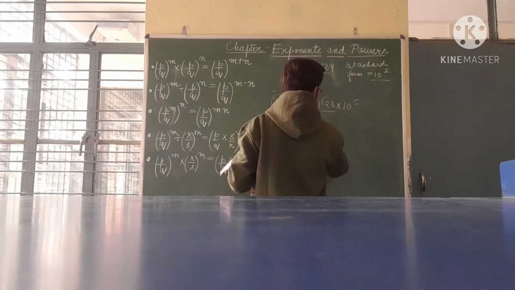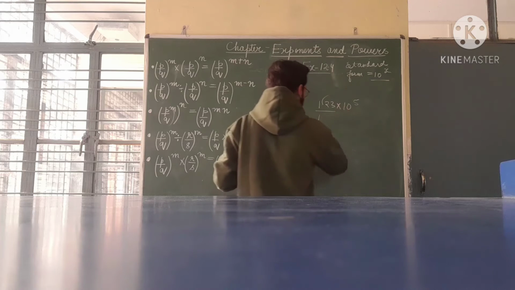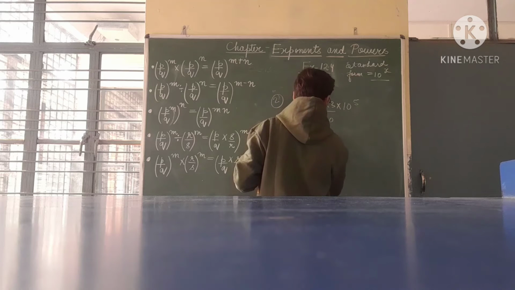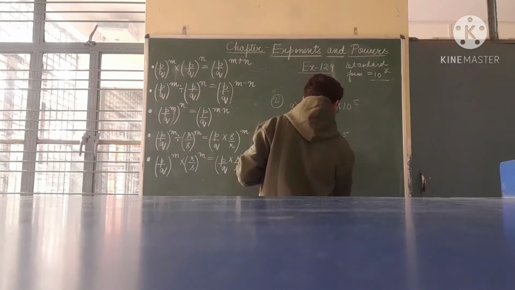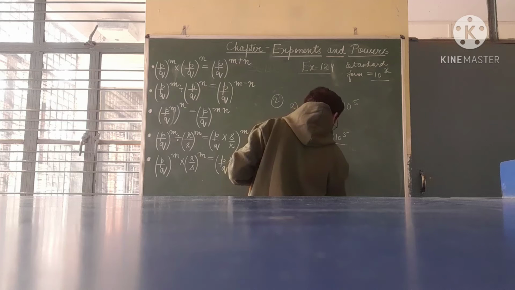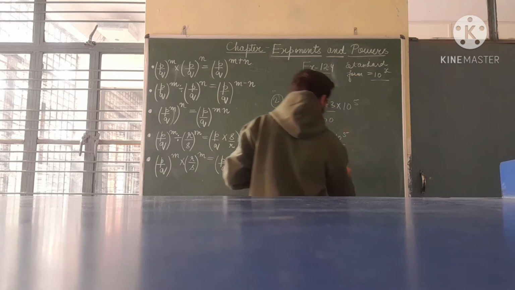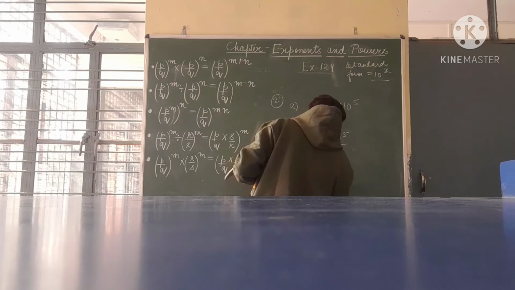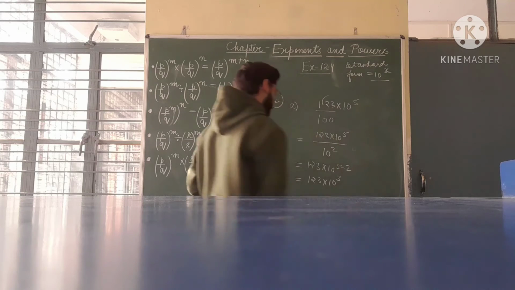Now just remove the point, and you can see that after the point there are two numbers, so we have to add 2 zeros. That is 1, 2, 3 into 10 to the power 5 upon 10 to the power 2. When 10 to the power 2 goes to the denominator it becomes minus 2, that is 123 into 10 to the power 3.